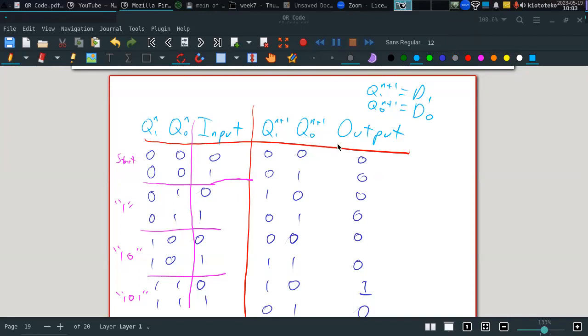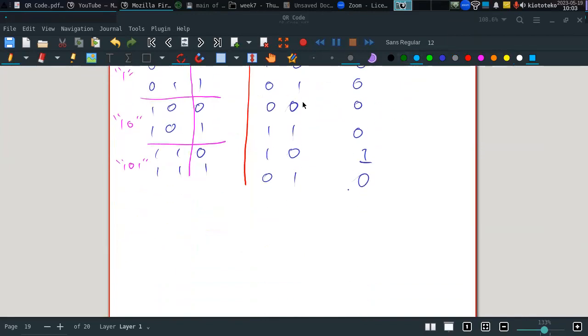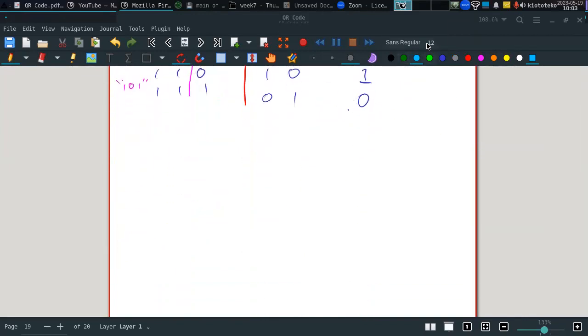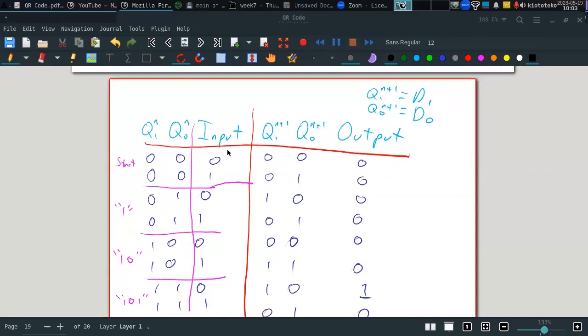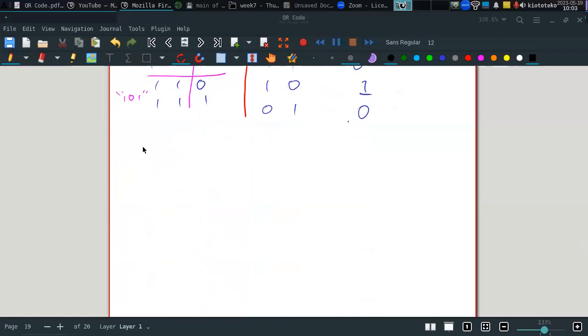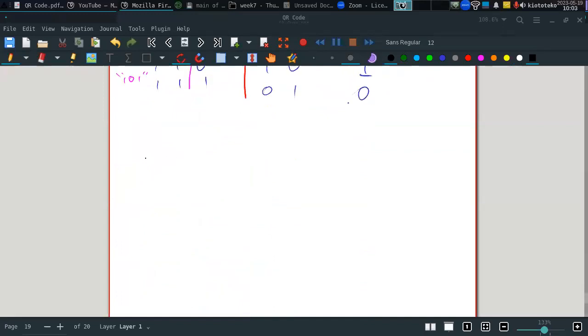So now we have 3 outputs, so we need 3 different Karnaugh maps to simplify the circuit. So let's have here our 3 Karnaugh maps that depend on Q1, Q0 and the input.